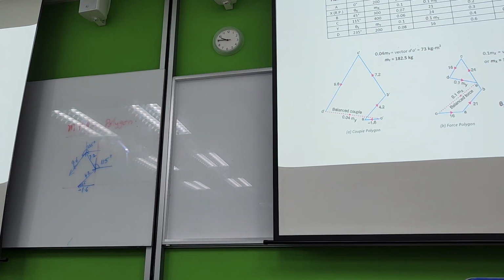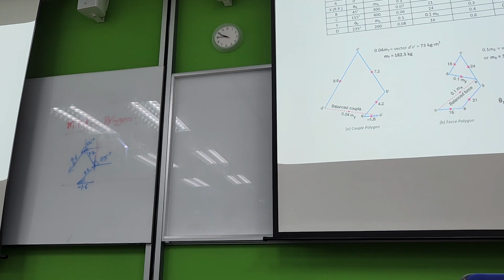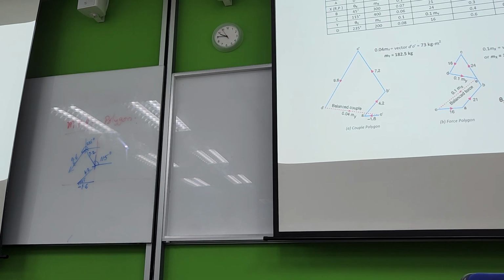You can see here, this is negative 1.6 drawn at 0 degrees. Then from the tip of that you draw 4.2 at 45 degrees. Then from the tip of this you draw 7.2 at 115, and then 9.6 drawn at 235. So you came to D dash.